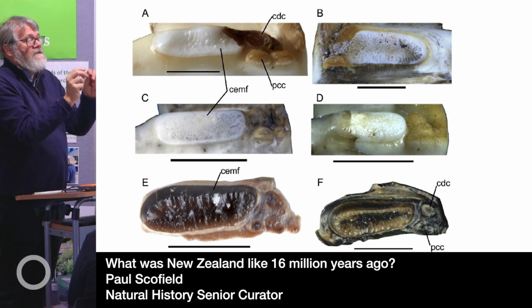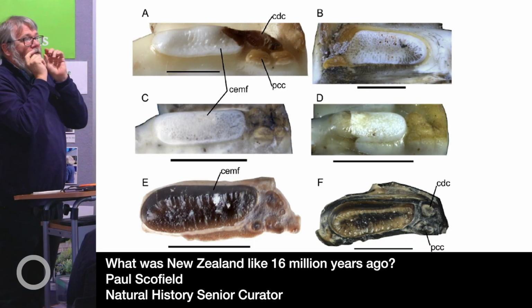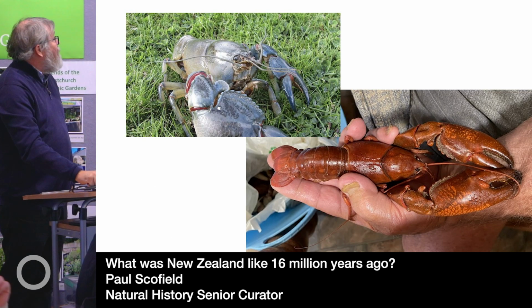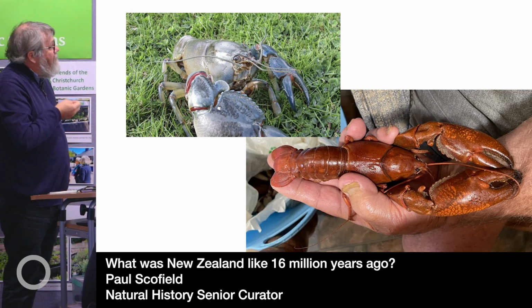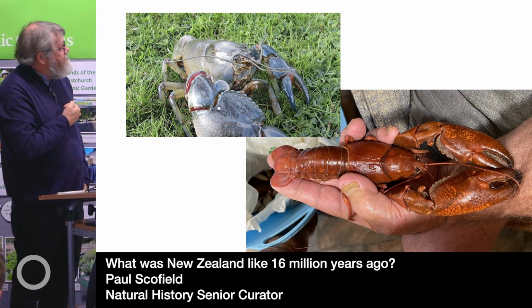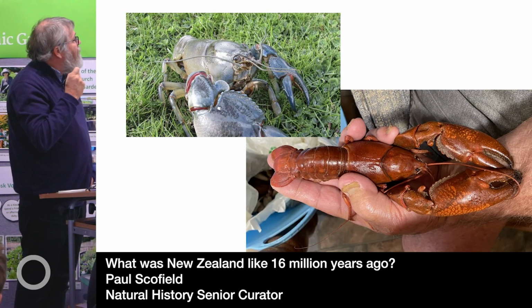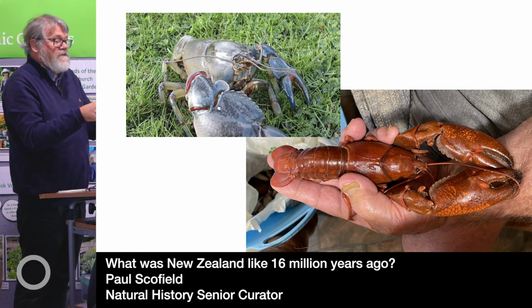So this is just the piece of the mandible that actually grinds the food up at the front of the freshwater crayfish, and that enabled us to determine that this lake had freshwater crayfish much the size of the Australian yabbies. So I don't know if you're familiar, but we have these quite small New Zealand freshwater crayfish, only about this long.